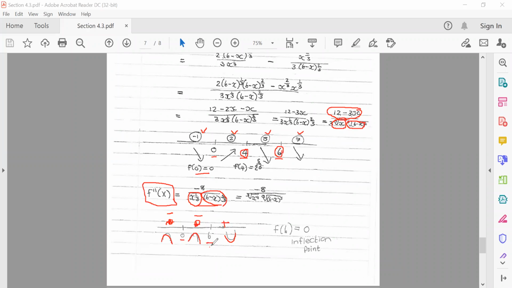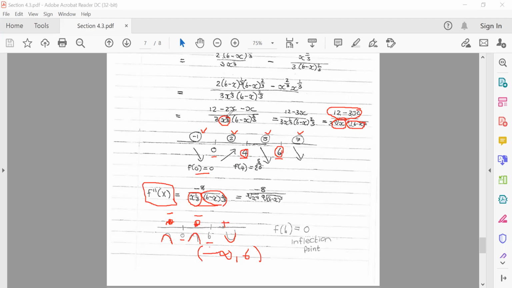Now, some of you may be tempted to merge the interval. You say it's concave down from minus infinity all the way to 6, all right? Please avoid doing that. The reason I don't want you to say minus infinity all the way to 6 is because there is a problem at 0. If you say that it's concave down from minus infinity to 6, you're saying that there is nothing wrong at x equals 0.